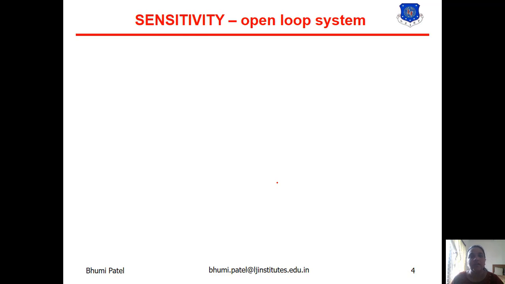Now the next one is how to find the sensitivity for the open loop system. We have considered an open loop control system like this. Here G of S is our system. For this system, you already know R of S is our input signal and C of S is our output signal.